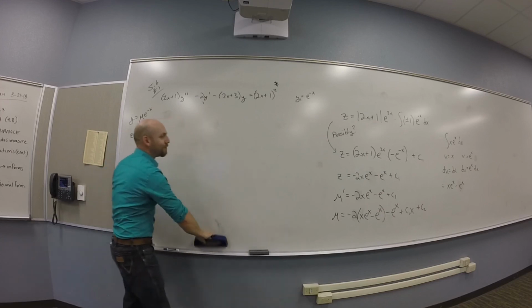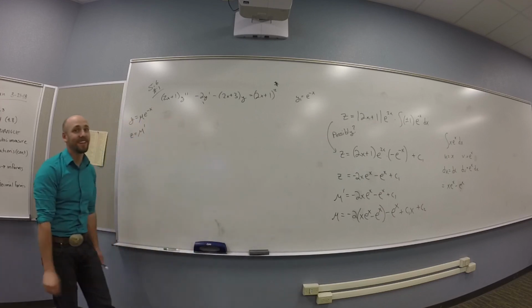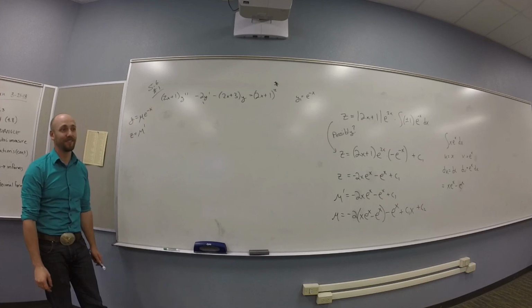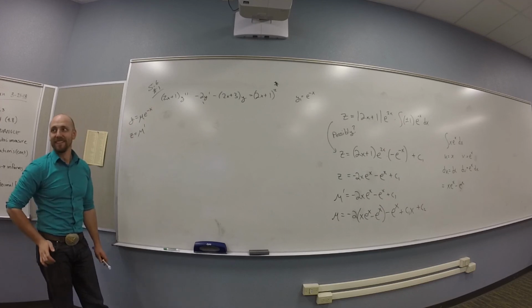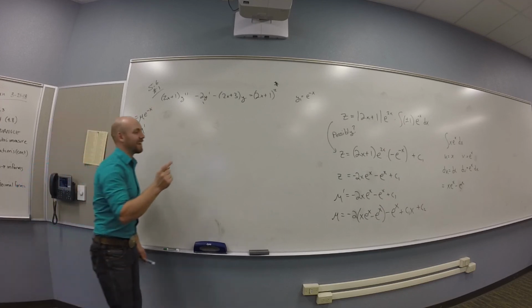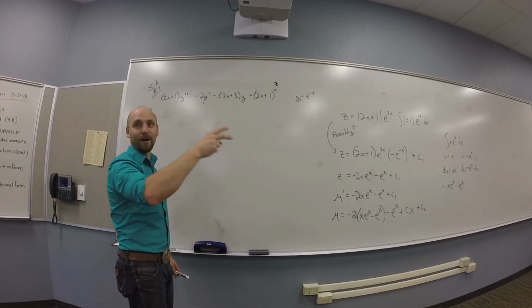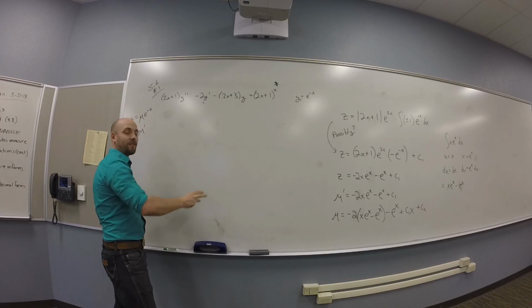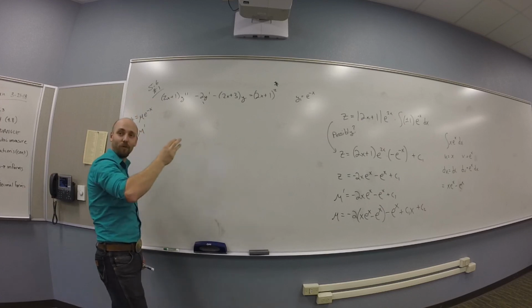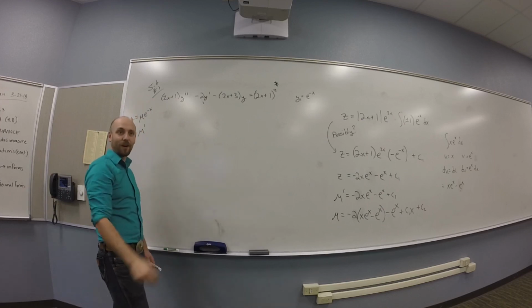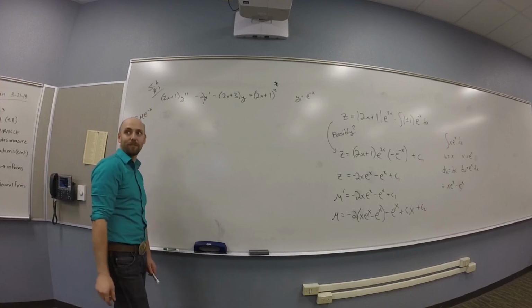For those keeping track at home, there were something like 12 different variables in this problem. Because I did at least a u substitution, I did at least an integration by parts, I did variation of parameters, I did reduction of order, which requires kind of a variation of parameters, and another substitution.